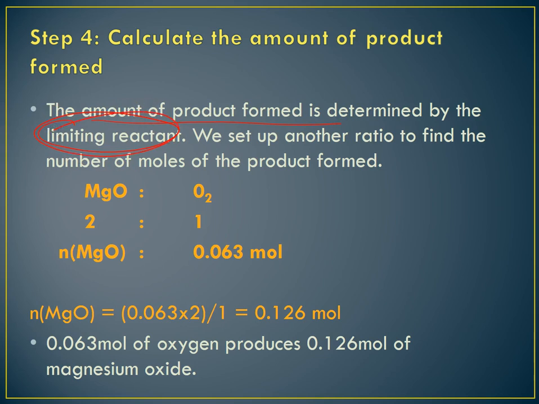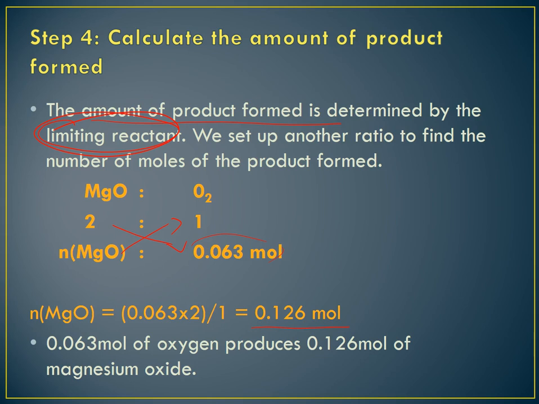So if we set up the ratio to find the number of moles of the product formed, we will always use the limiting reactant, set up our reaction grid, cross multiply, and the mole of magnesium oxide is going to be 2 times the mole of oxygen, so we will actually get 0.126 mole of magnesium oxide being formed.